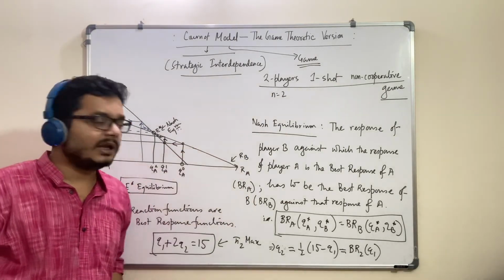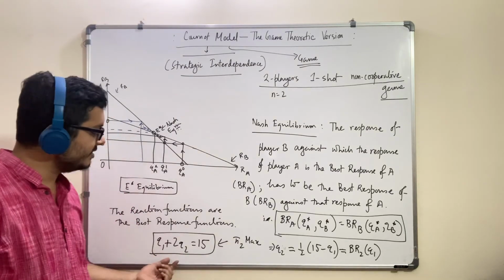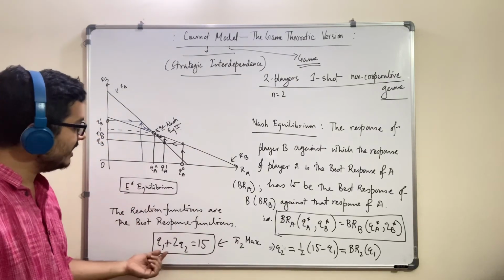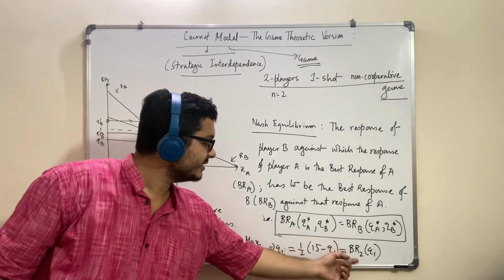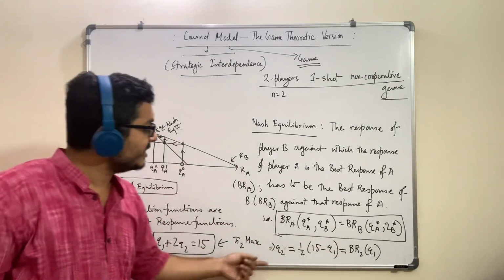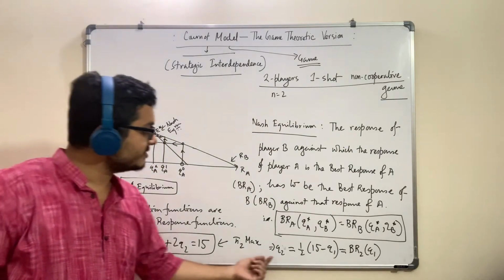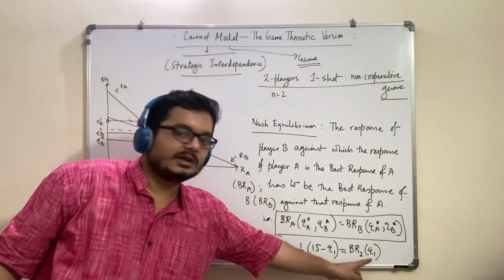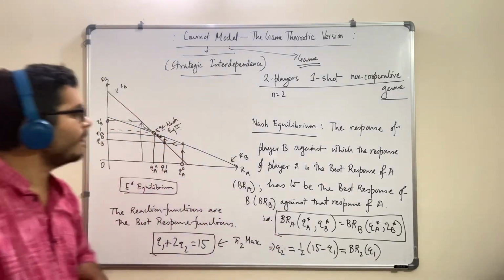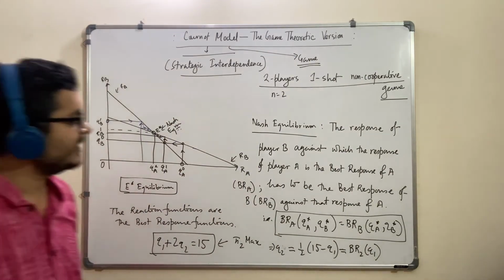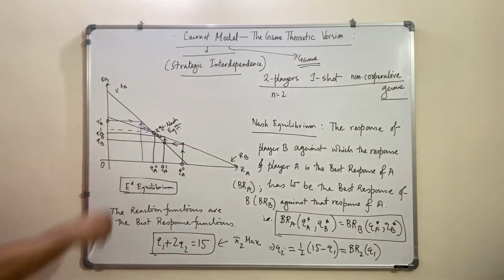That's our basic model. From the maximization problem, we got the best response function. Like standard game theory, this reaction function is also the best response of firm 2 against different output decisions of firm 1. Alright, and then at the intersection we find the Nash equilibrium, which is our Cournot equilibrium.